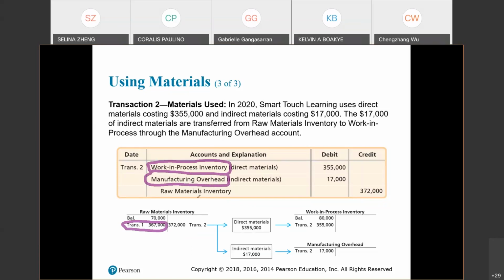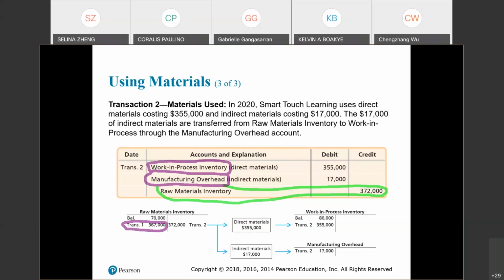For the credit account, it's definitely the raw materials inventory account. It is here. So this is how we deal with the use of materials.